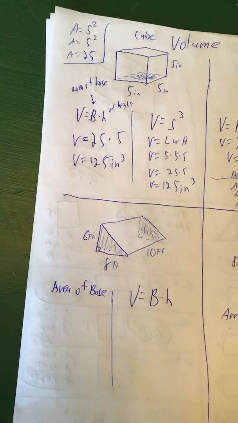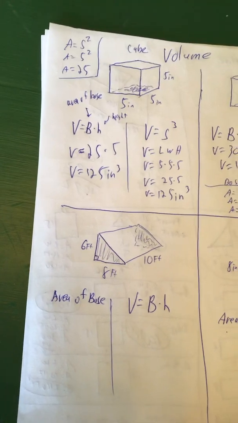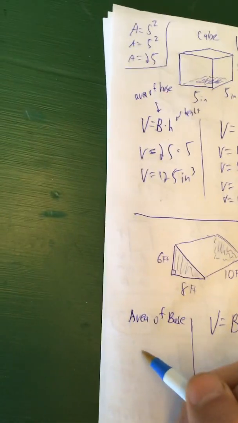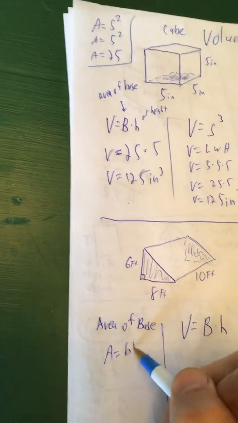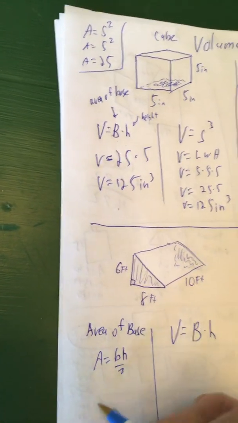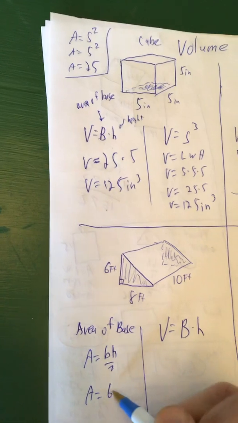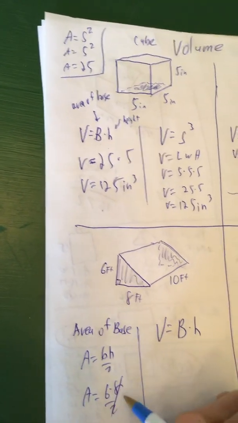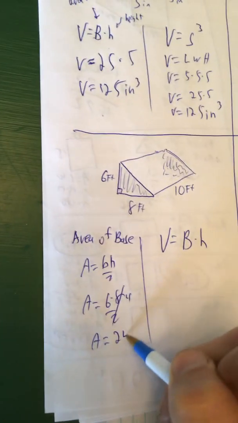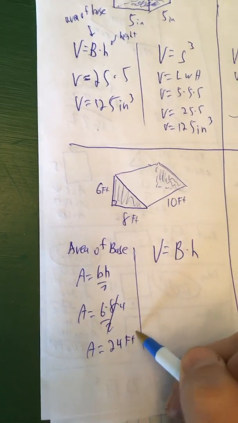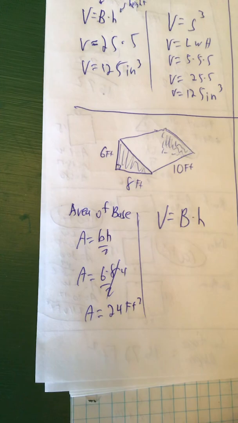Those are your bases, those two triangles. So here, the base is a triangle. So area is base times height divided by 2. And so 6 times 8 divided by 2. I'll cross that out. And so the area of the base is 24 feet squared. There's the area of the base.